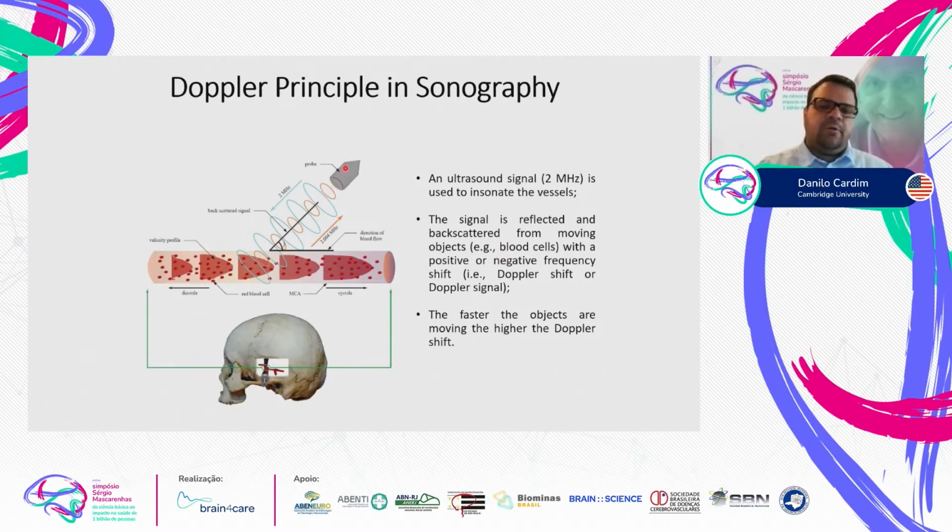So for example, here we see that the probe is emitting a frequency of 2 megahertz, and then the signal is scattered back to the probe with a shift in frequency. This shift is associated with the velocity of the blood, and that's how we have a surrogate of cerebral blood flow measured by this technique, transcranial Doppler ultrasonography.